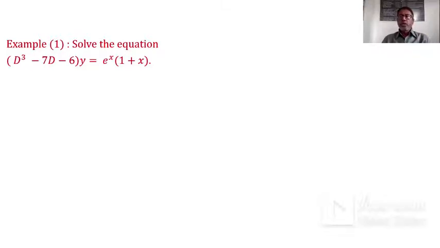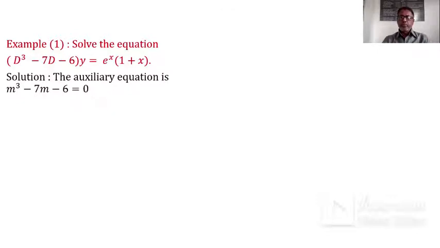For that purpose, we consider the associated homogeneous differential equation d cube minus 7d minus 6 of y is equal to 0. From that, we take the auxiliary equation m cube minus 7m minus 6 is equal to 0.